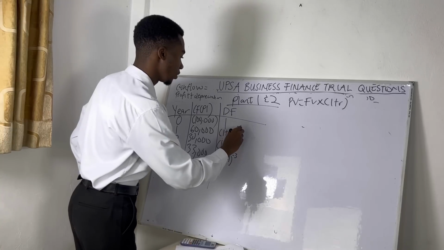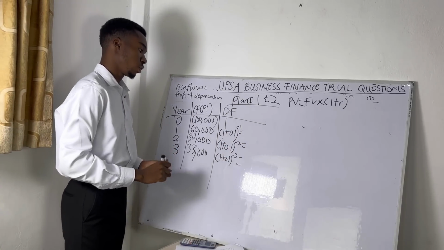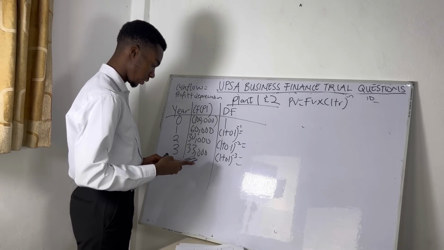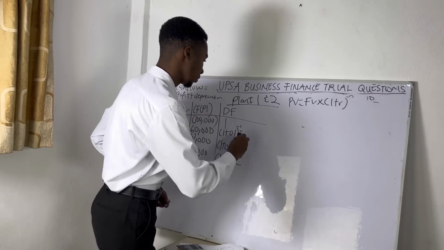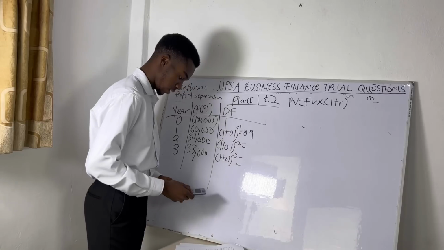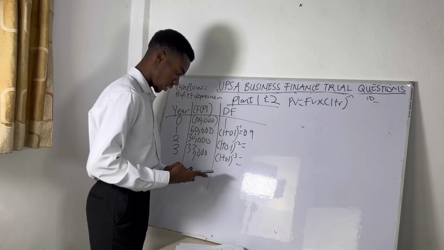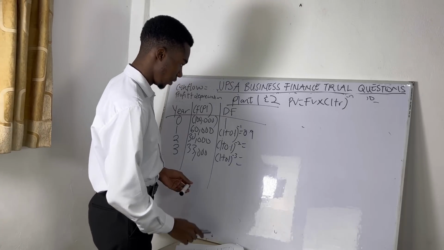So now let's see what you are getting. Let's start with the first one. 1 plus 0.1 exponent negative 1, we are getting 0.9. Then the second one, 1 plus 0.1 exponent negative 2, we are getting 0.83.